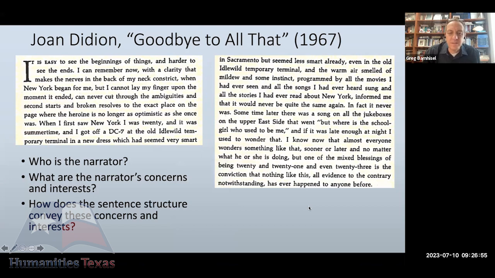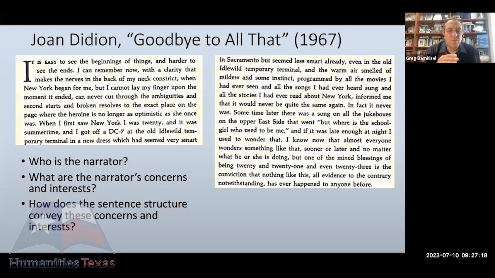And then how does the sentence structure convey these concerns and interests? Whereas you have this very tight sentence structure in Baldwin, a bunch of repeated time-focused prepositional phrases, here we have what we would call a paratactic sentence. And that's a word that just means a bunch of clauses related to each other simply by and.